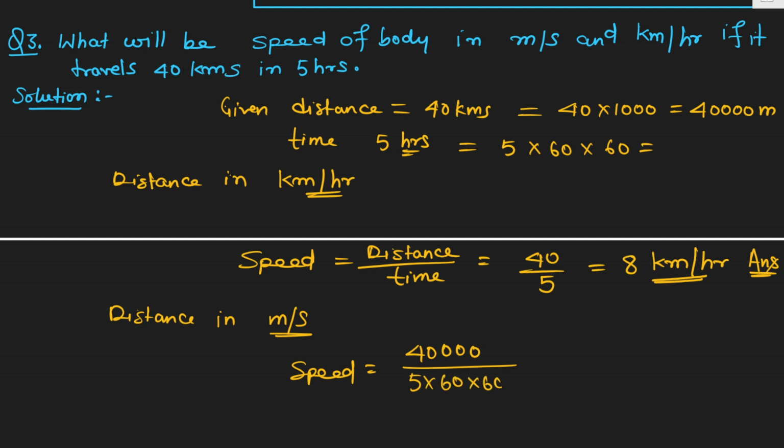So 80 upon 36, which is 2.22 meter per second. Or we can use the concept of the conversion factor directly: 8 kilometer per hour, that also we can convert into meter per second.